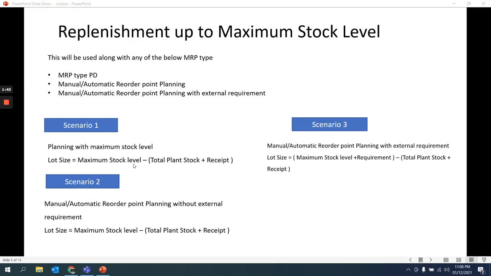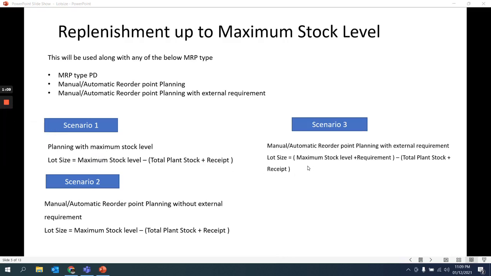The difference between scenario 1 and 2 is that in scenario 2, whenever the stock falls below the reorder point, the system generates the order quantity by performing these calculations. Whereas in scenario 1, whenever stock falls even one piece less than the maximum stock level, the system will try to create the order quantity, trying to fulfill it by creating the PR and planned order.